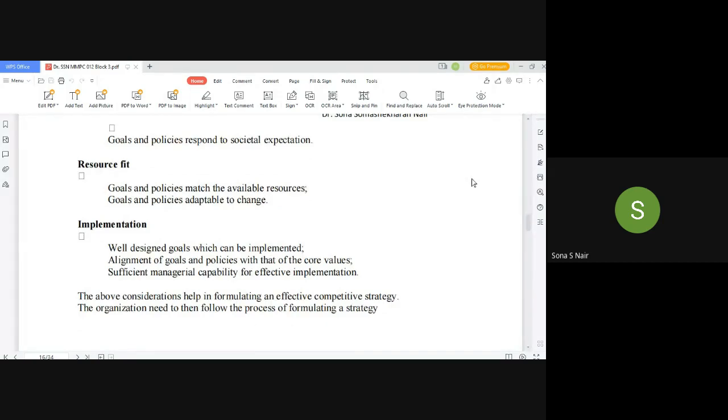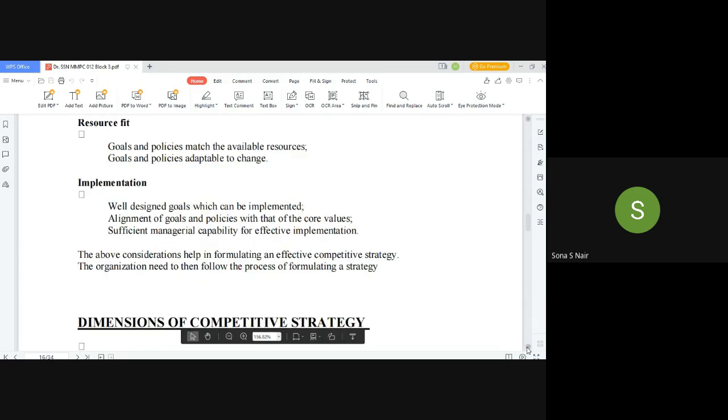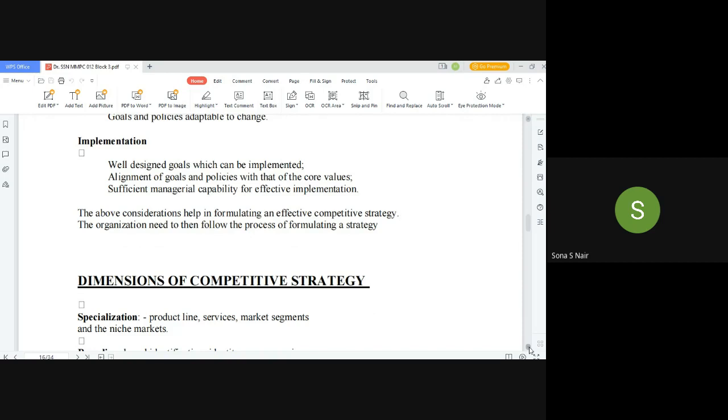That also needs to be seen, whether we have the right kind of people, whether we have managerial capacity, whether we have the policies, and all various kinds of things which are needed in the organization to actually be able to achieve those goals and fix those objectives.